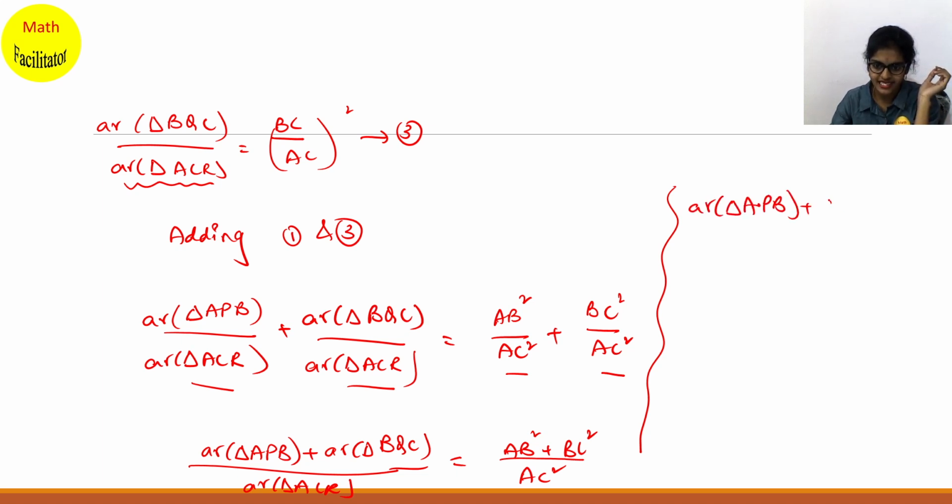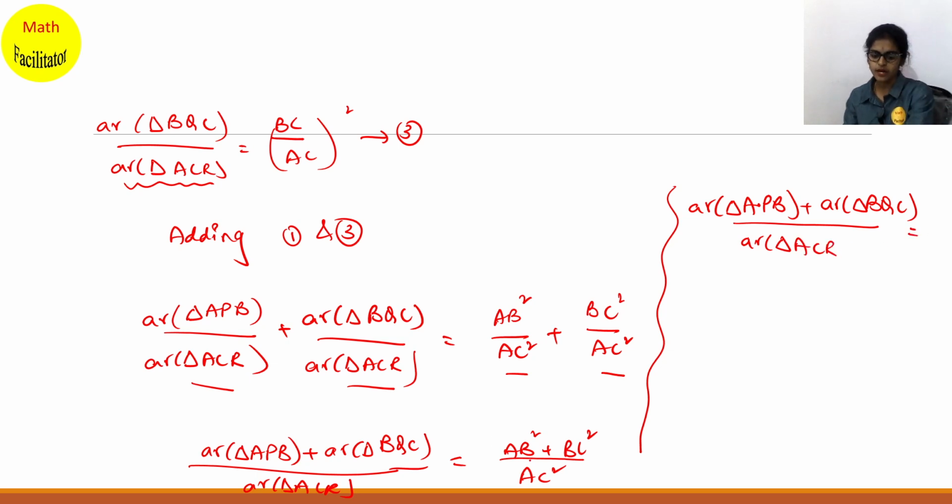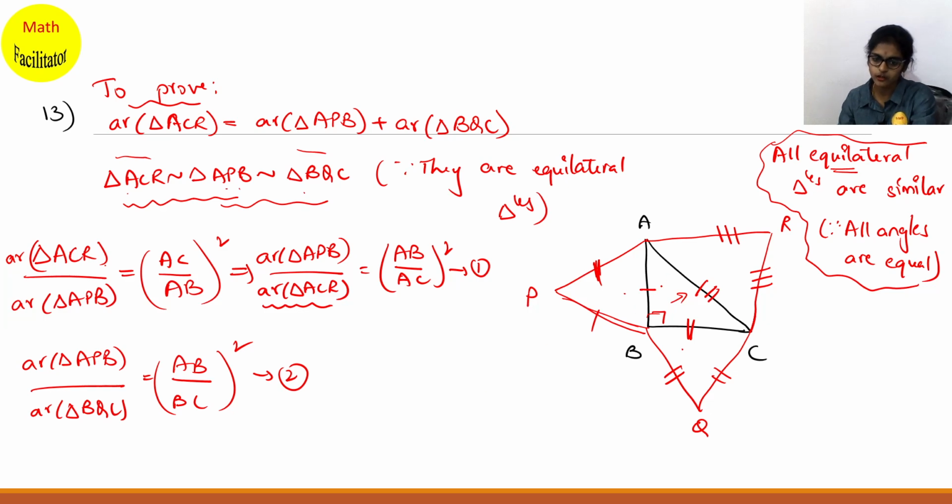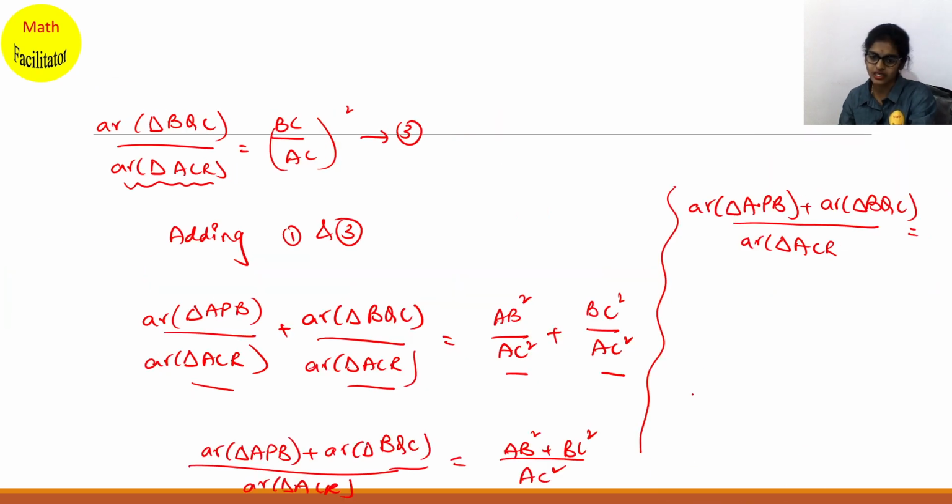See here, area of triangle APB plus area of triangle BQC divided by area of triangle ACR is equal to, what is the answer you are getting? AB square plus BC square. Just now I told you AC square is nothing but AB square plus BC square using Pythagoras theorem in the bigger triangle. Yes or no? So let's use it.